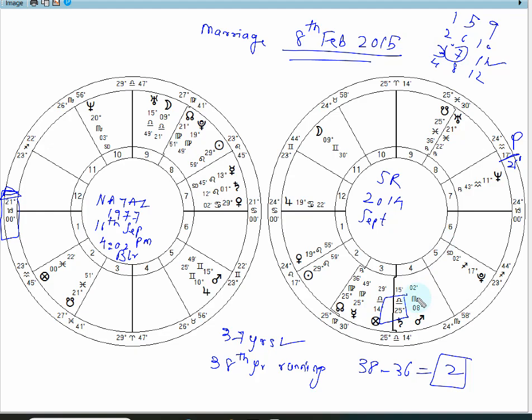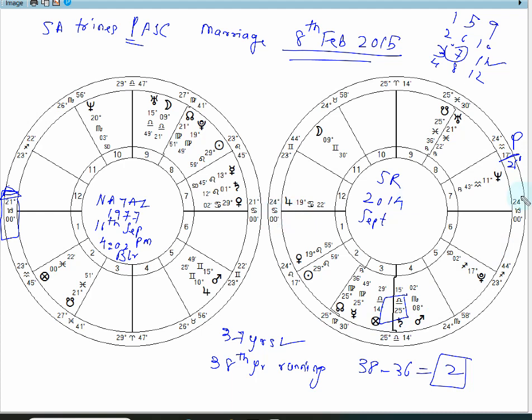Let me write it down: Saturn trines the profected ascendant, PASC, because the profected ascendant is 21 degrees of Aquarius and Saturn in the solar return chart is at 25 degrees. They are very close to each other in a trine. Now, the other advantage, apart from Saturn being Lord of the year, that tells us nothing about this person getting married.